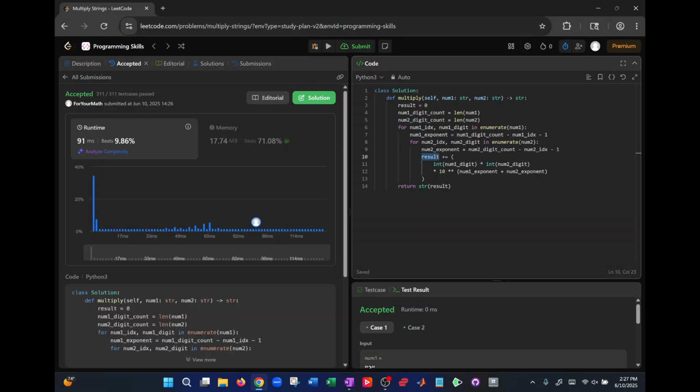And part of the reason for that is when we have the result as a number, we have to do this multiplying by 10 to this exponent. And this actually adds a lot of computation here.